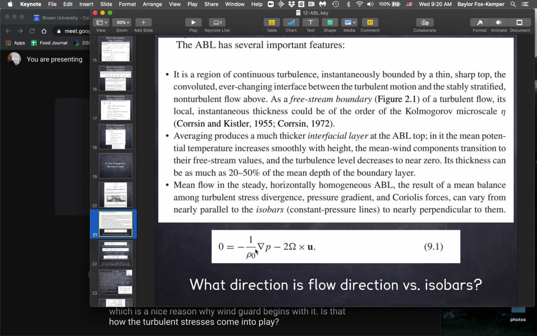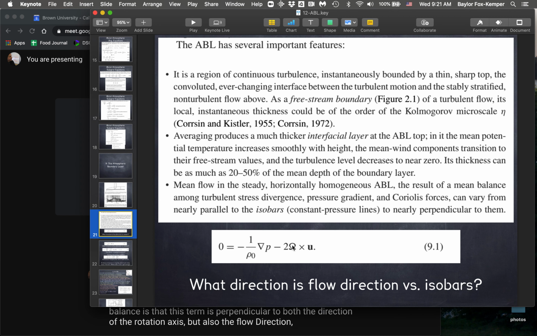So if you throw out the turbulent stresses and take our normal assumptions of small Rossby number, etc., for the mean flow, you get a geostrophic balance like this. One of the things about the geostrophic balance is that this term is perpendicular to both the direction of the rotation axis and the flow direction.